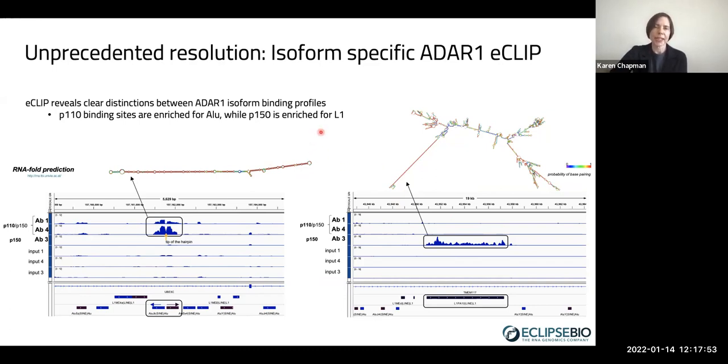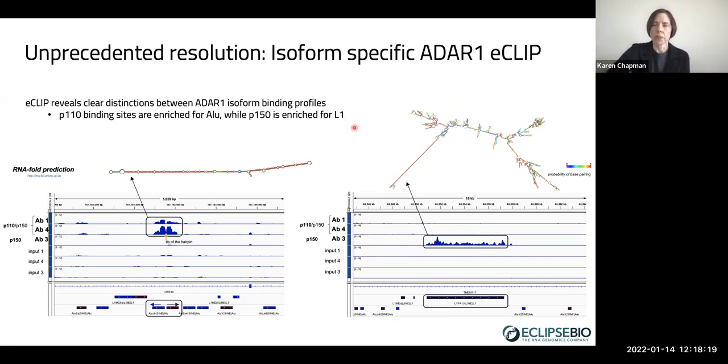And what you can see here is that we've eCLIPed 2 different isoforms of ADAR1 and found that they actually bind different elements. And so here the P110 is binding ALU elements, as you can see here, and the P150 version of this enzyme is actually binding LINE-1.